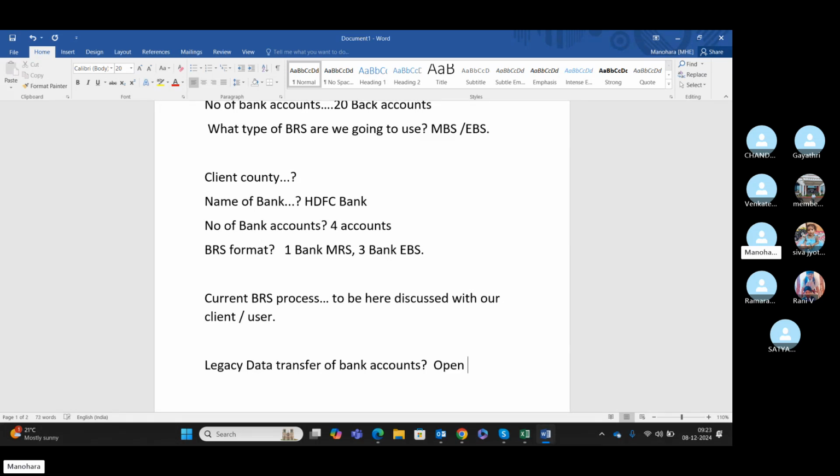We need to understand open transactions here. The open transaction list will be shared by the user, right? Users will share our open balance transactions.